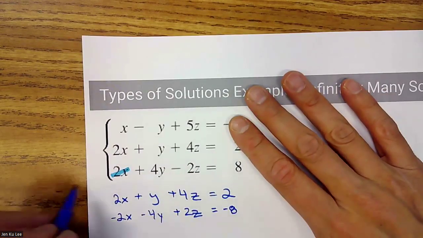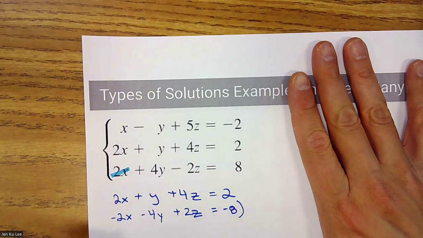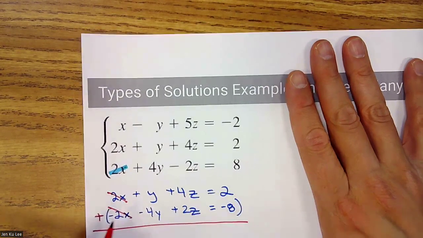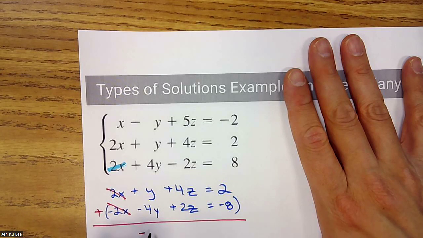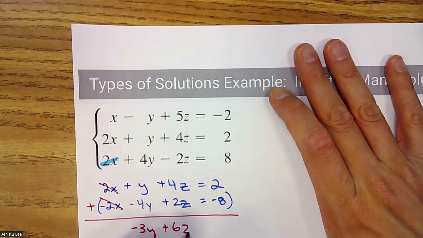I already distributed out the negative in my head. Okay, so we're going to add these two together to get rid of that. y minus 4y, that's negative 3y, plus 6z equals negative 6.